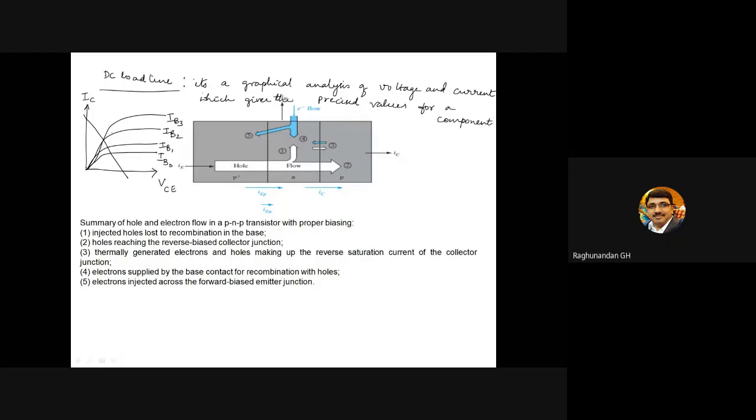We know that there are three regions of operation for the transistor: active, cutoff, and saturation. The region along the x-axis is known as the cutoff region.